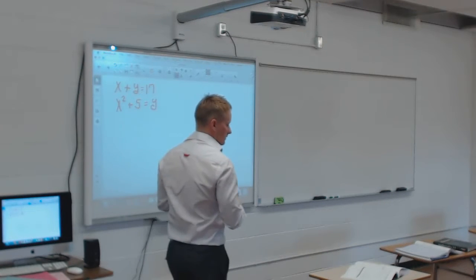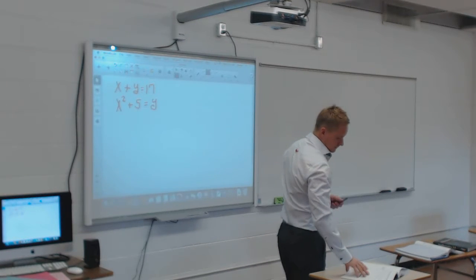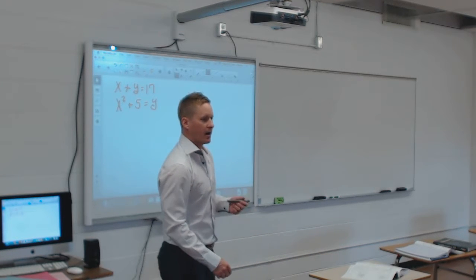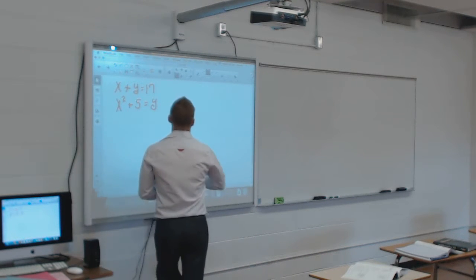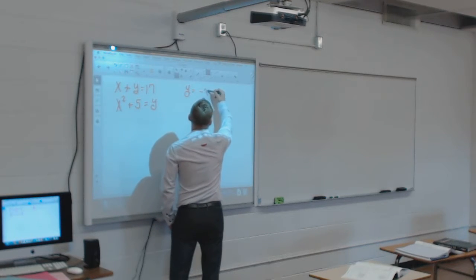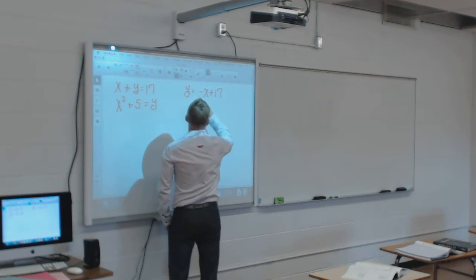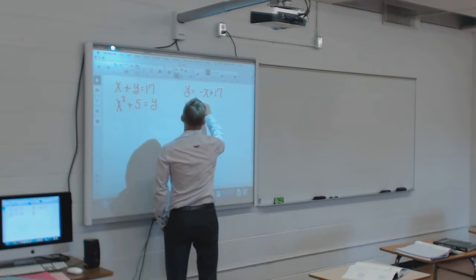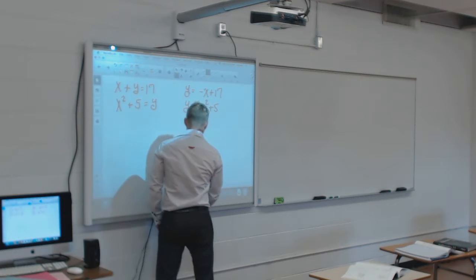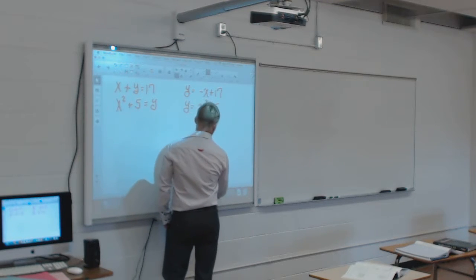Because now all you need to do is arrange it so that it's in y equals form and graph it. So let's do that. The top one, y is equal to minus x add 17. And the bottom one is already in y equals form, x squared and 5. Okay, so let's graph those two.